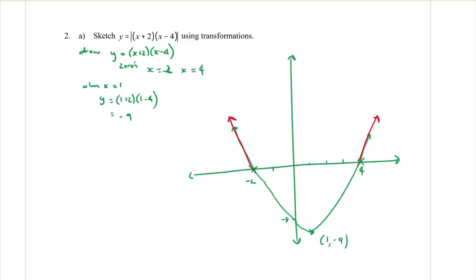I'm drawing my final graph in red here. The turning point, which is at (1, negative 9), when it reflects up, it's going to be at (1, positive 9) up here. And my y-intercept, which was at negative 8 before, will be at a positive 8. And my curve will come down like that.